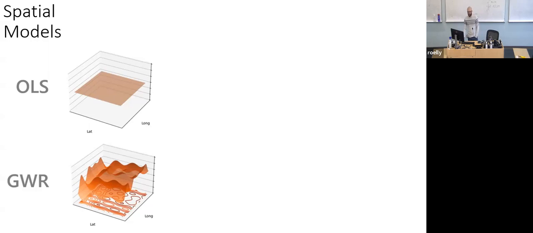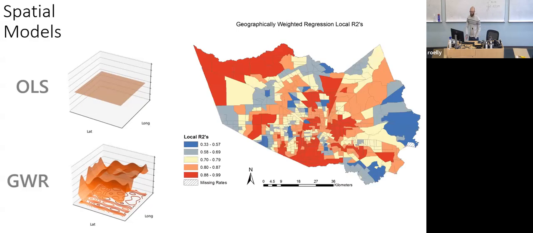So this is GWR, an older method, called geographically weighted regression, and you use your neighbors to create your model. Here we can see areas where the model is doing well versus areas where it is not doing well. Areas in red have a high R squared value, areas in blue a low R squared value.